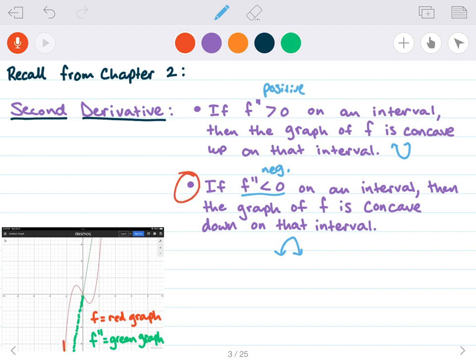And we can see that this makes an upside down U. This is concave down right here. And then once we start going above the x-axis, this corresponds to concave up on the original function. We can see that this makes a right side up U shape. So this is concave up on this interval. All right, so we talked about this in Chapter 2, but I just want to remind you guys about this.